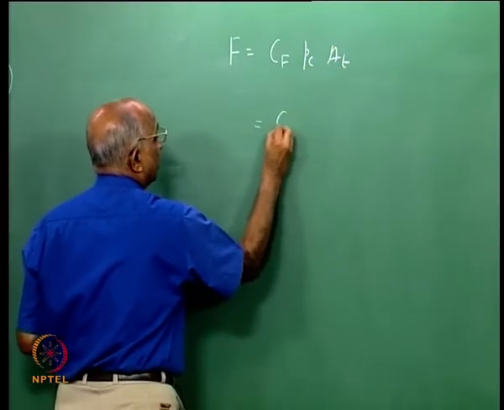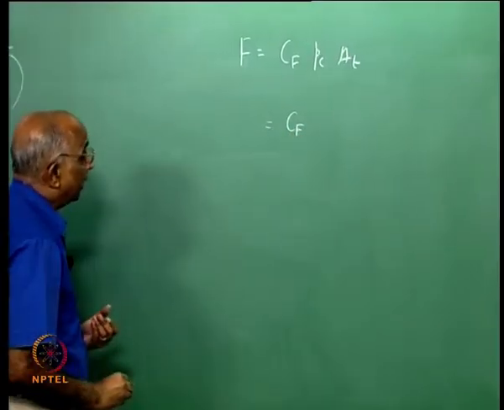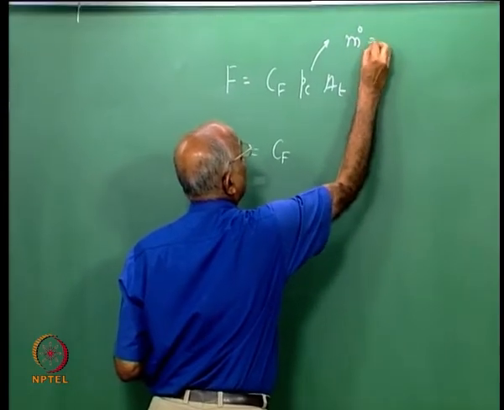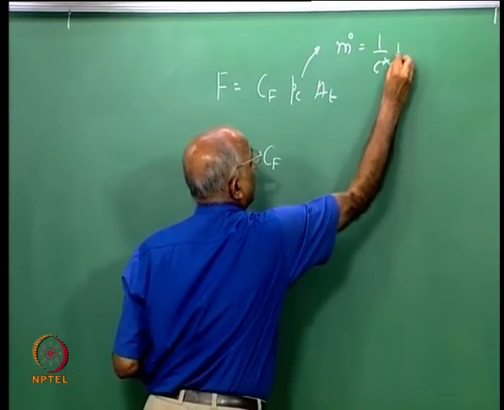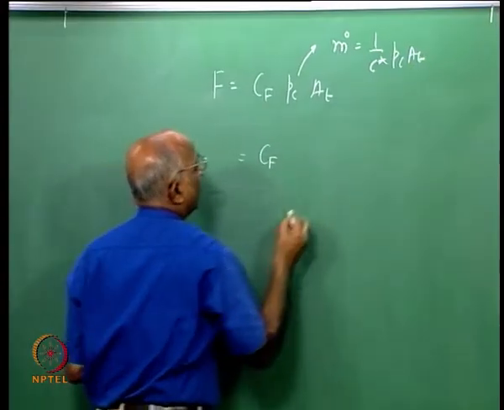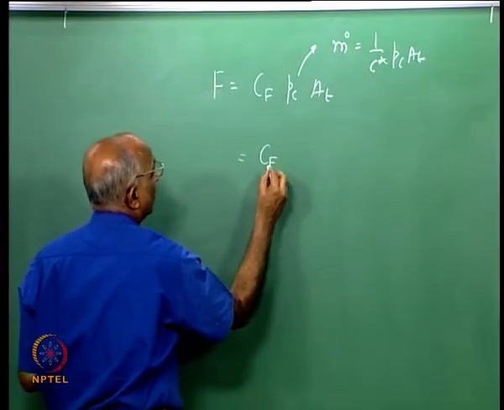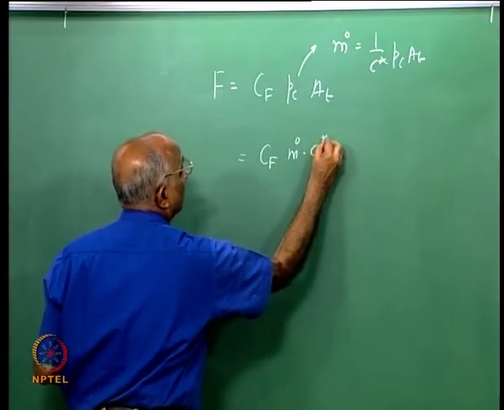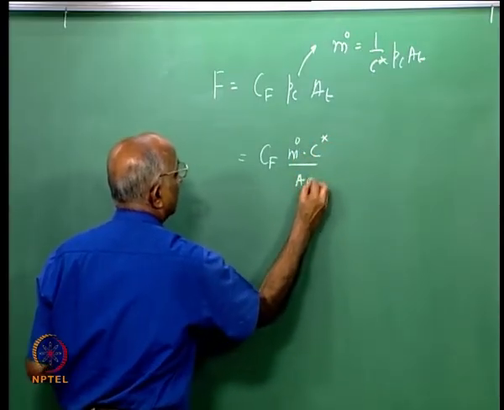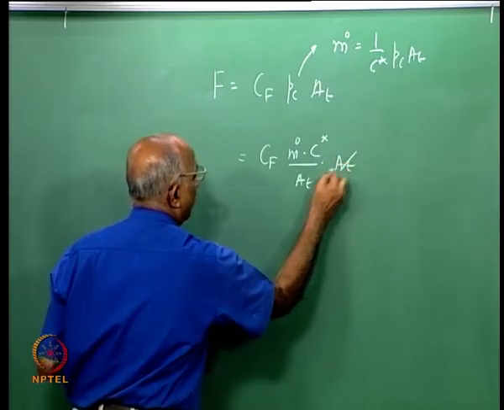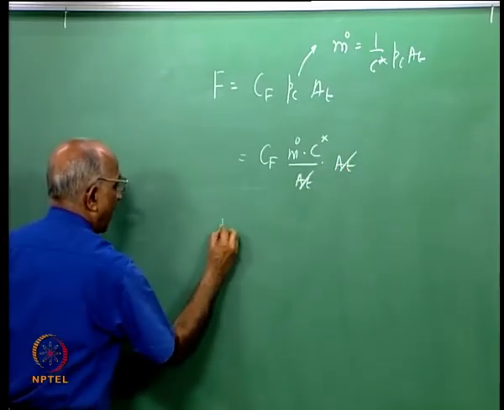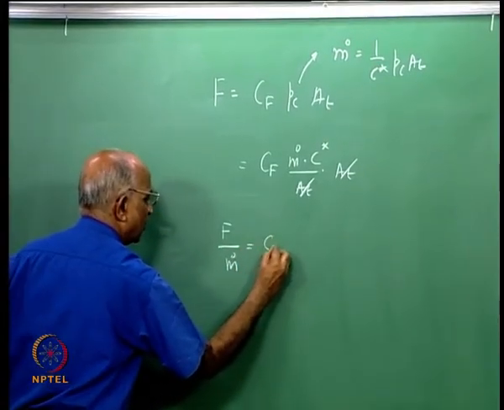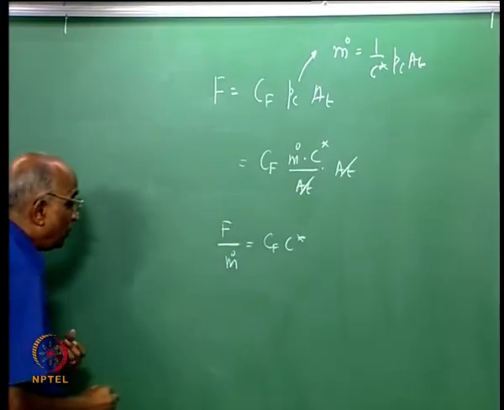PC can be written in terms of mass flow rate: m dot is equal to 1 over C star into PC AT, and therefore PC AT I can write as m dot into C star divided by AT into AT, AT got cancelled, and I have thrust or force divided by m dot is equal to CF into C star.